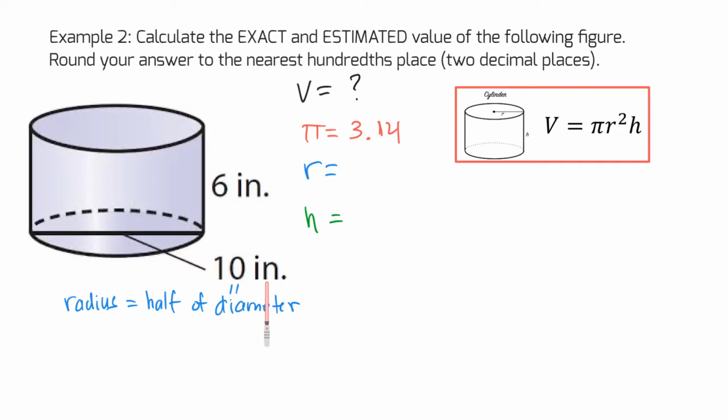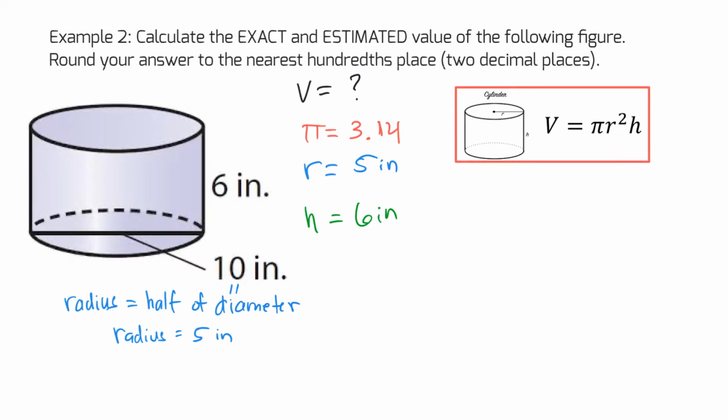So if the diameter is 10 inches, then the radius will be 5 inches. And then to find the height, the height is just the side of the cylinder, which in this case will be 6. So the height will be 6 inches.